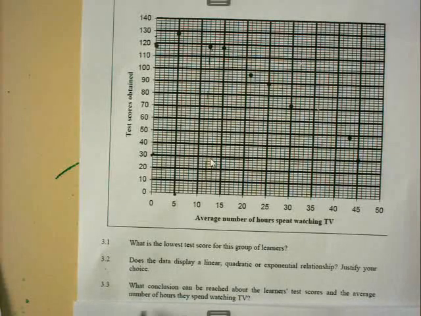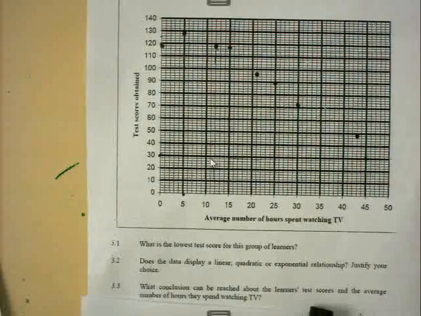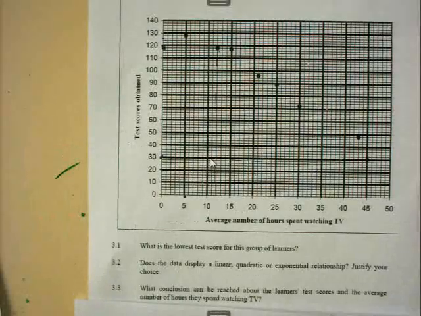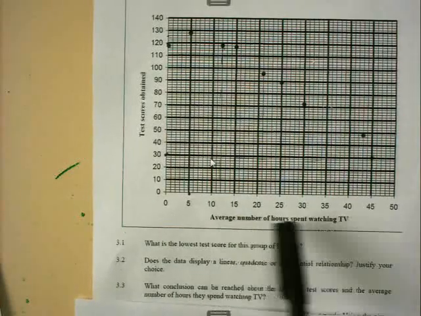The next question, 3.3. What conclusion can be reached about the learner's test scores and the average number of hours they spend watching TV? You draw a conclusion. These are the test scores and the average number of hours they spend watching TV.